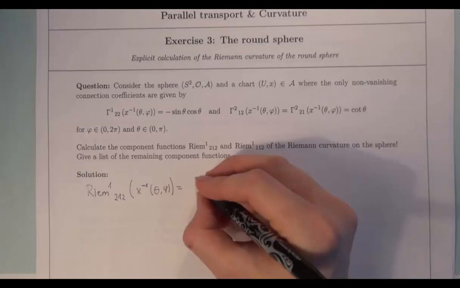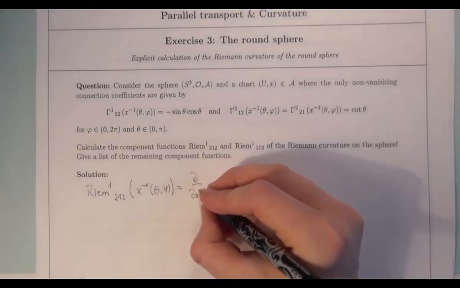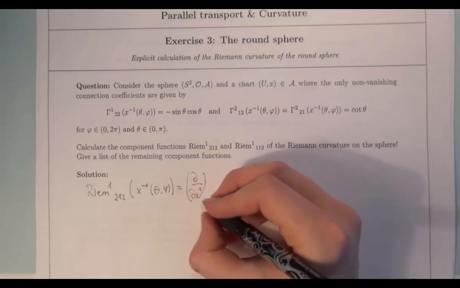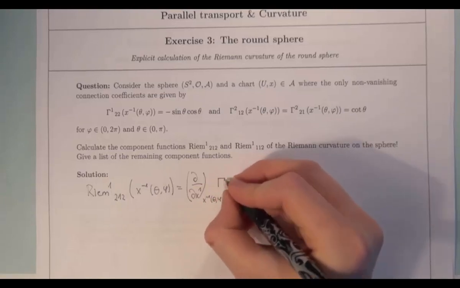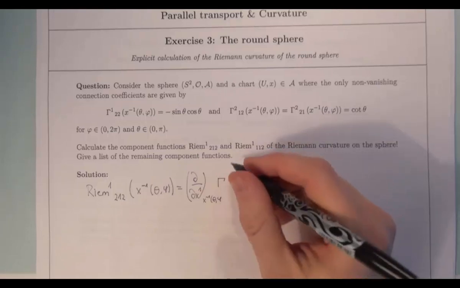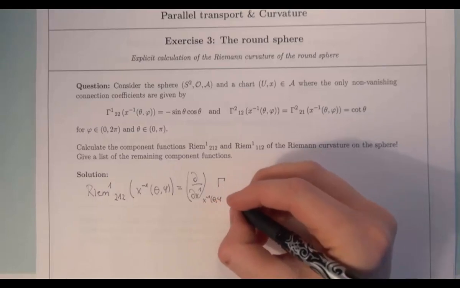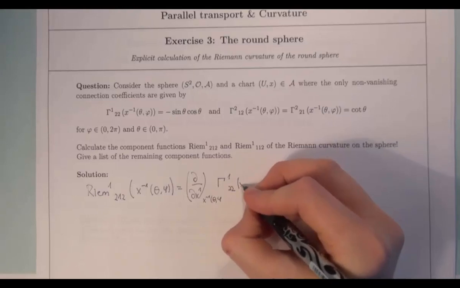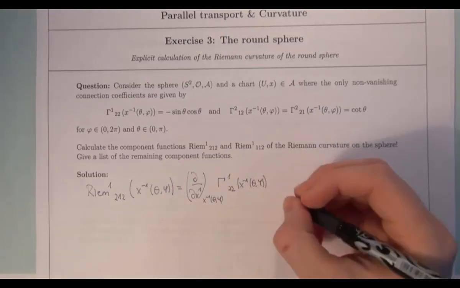So this is del by del x1 living on x inverse of theta phi, and this acts on gamma 1, 2, 2, that also gets evaluated on x inverse of theta and phi.